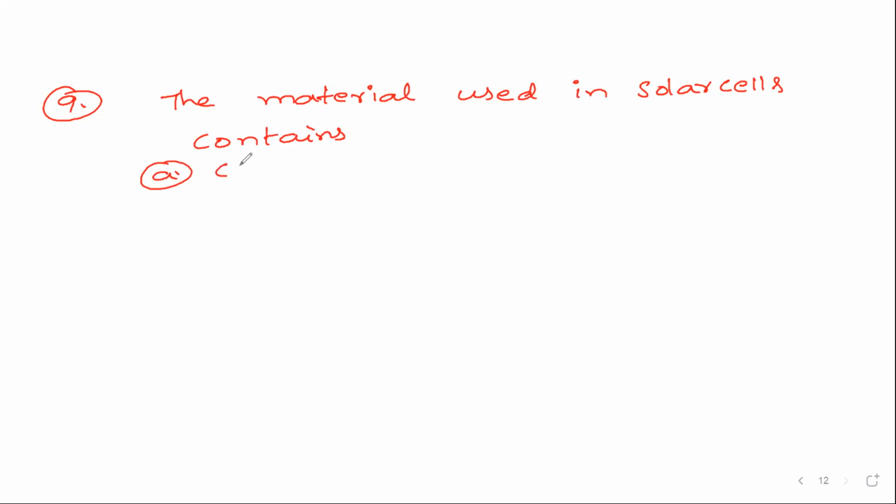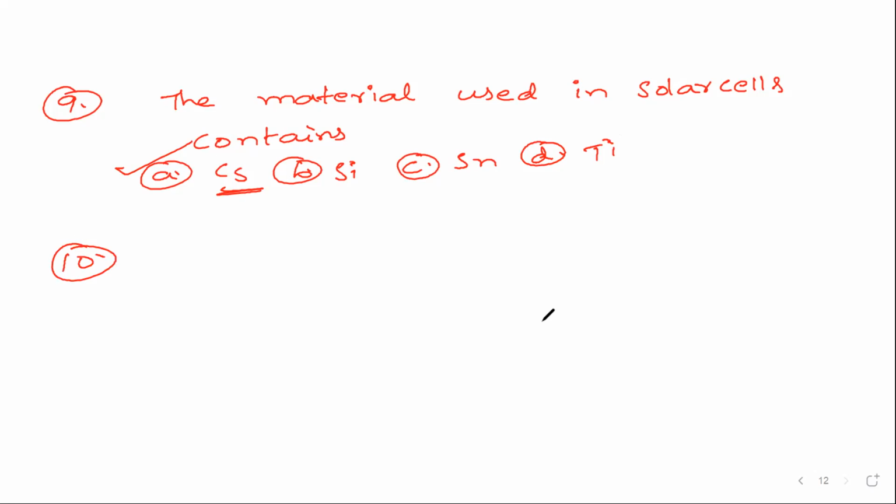Option A, it is cesium. Option B, it is silicon. Option C, it is tin. And option D, it is titanium. So the answer is silicon. Next question. Question number 10. This was a previous JEE question from 1993. That's why it is very, very important. That's why I'm giving all the questions.